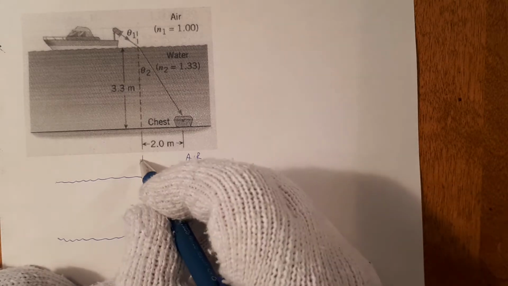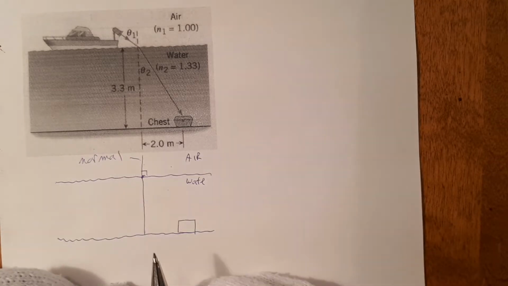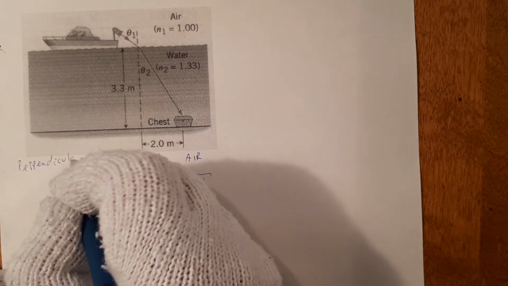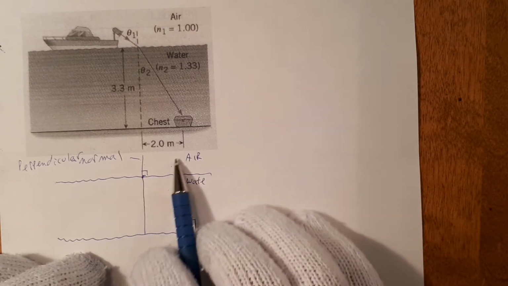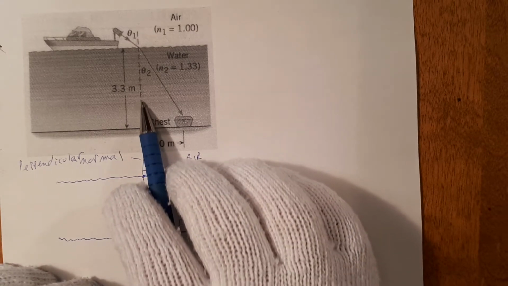Let's see, I'll write this word over here, normal. And normal means perpendicular. So I'm drawing a line which is perpendicular to the interface between the two fluids, right here. That's what this dotted line represents.